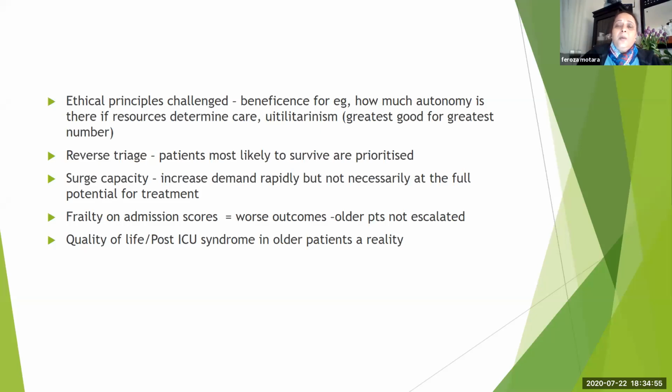So again, taking away that autonomy and the principles of beneficence. Obviously, the quality of life after the intervention, post ICU syndrome in patients who are put on a ventilator, especially in older patients, are a reality. So we need to consider those as well.